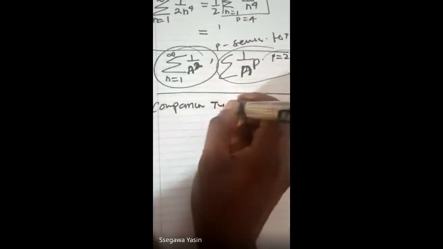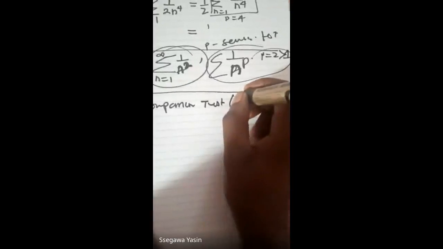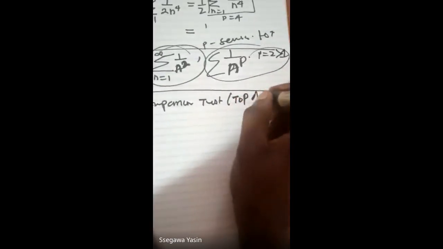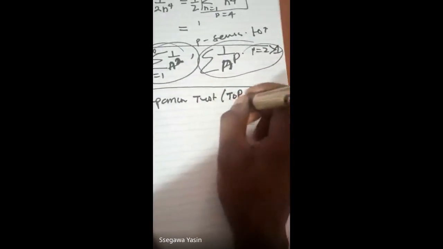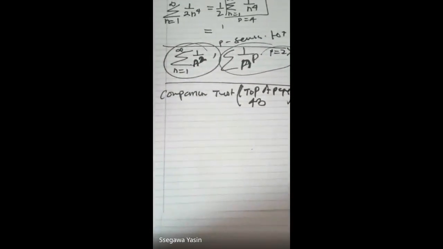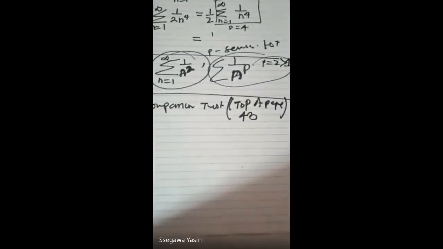Go to the top of page 43, it will be there, so don't worry, you will see it. I'm giving you half a minute to read it through, then we move on.